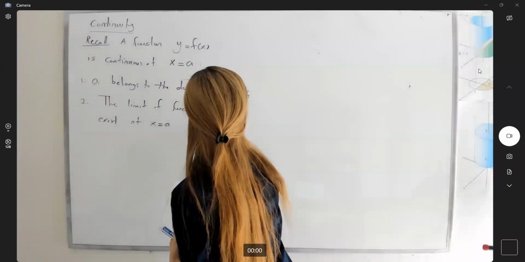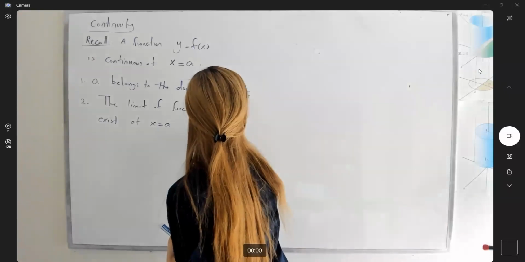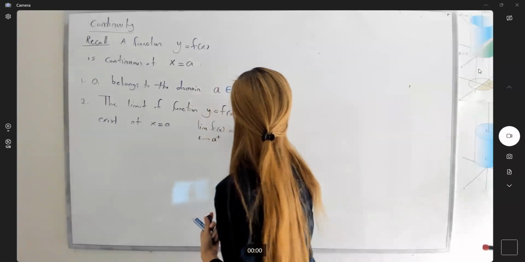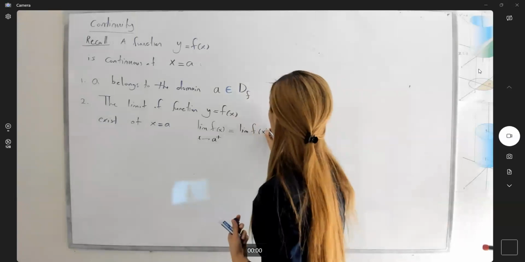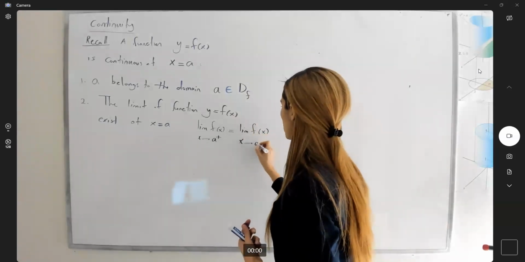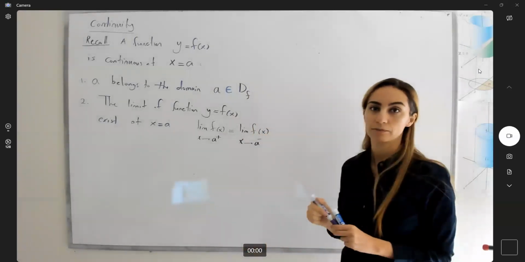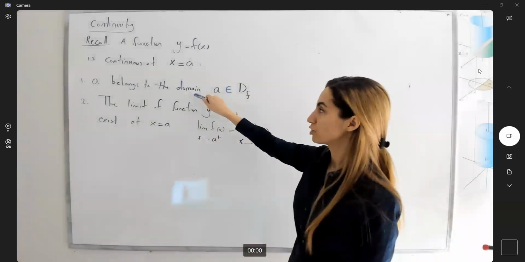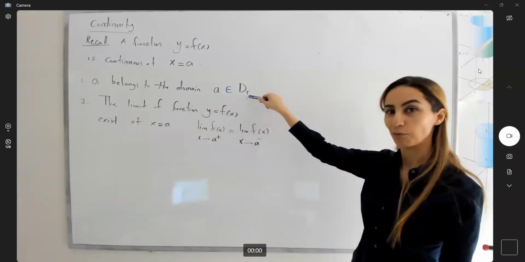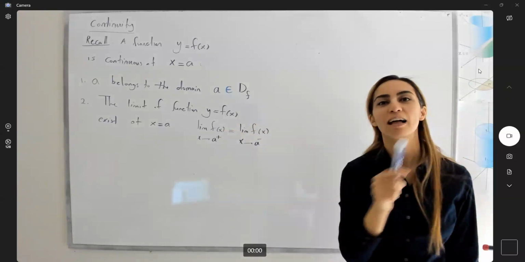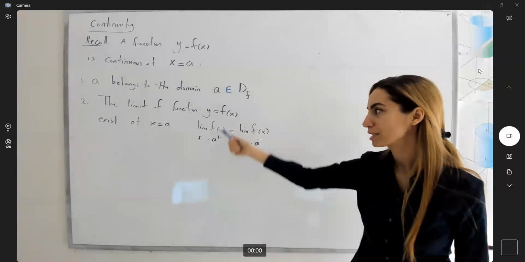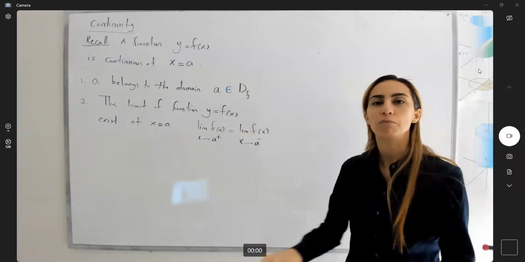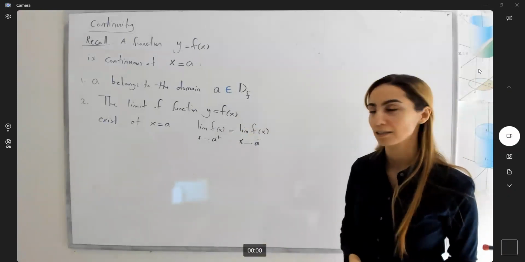Or the limit of function f as x approaches a from the right hand side is equal to the limit of function f as x approaches a from the left hand side. So first we check if a is in the domain of the function, then we go to the next step: we need to check to see if the limit of the function exists.